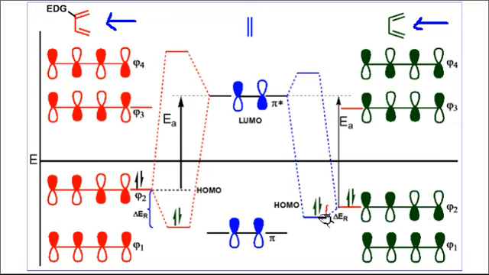The HOMO of this and the LUMO of this will construct a 6-membered cyclic transition state and a 6-membered product as well. This is the energy of activation for this reaction, and this is the net amount of energy. This red colored arrow shows the net energy difference between this and this bonding orbital. So this is very small and the activation energy is very high.